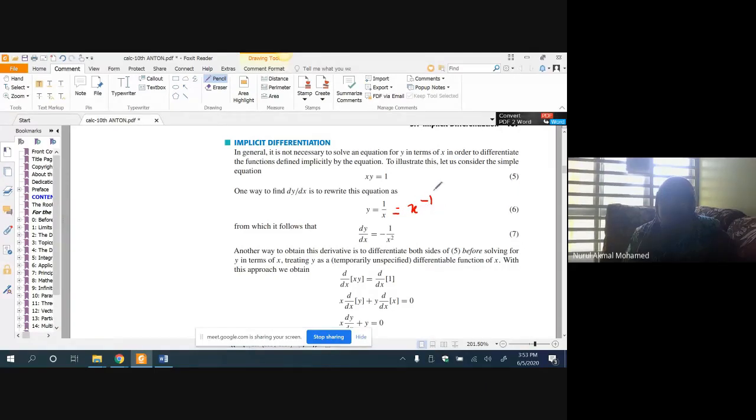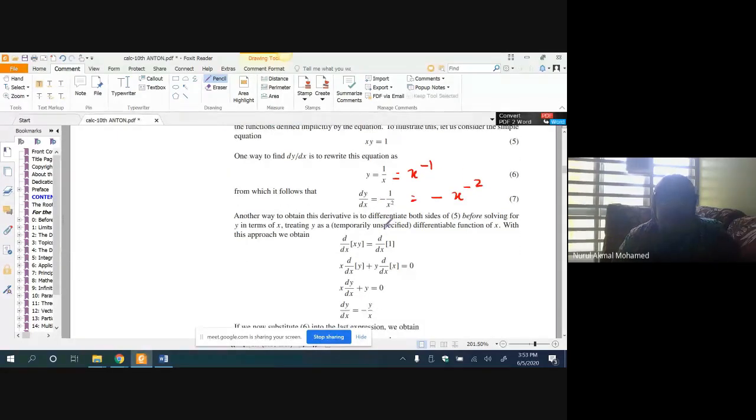You can use the power rule and get dy/dx is equal to negative x to the power of -2. So this is the answer for dy/dx. That is the conventional way of finding the derivative of y with respect to x.